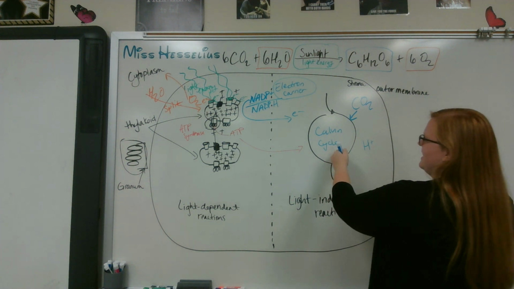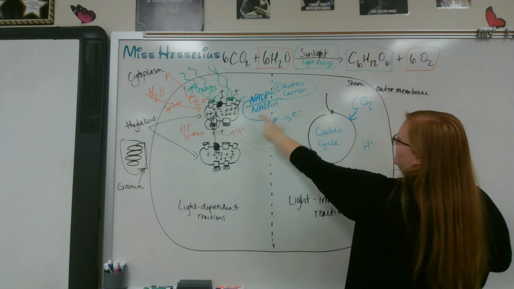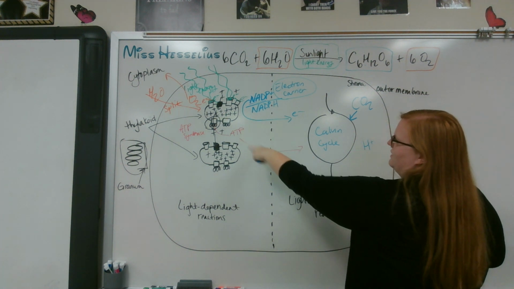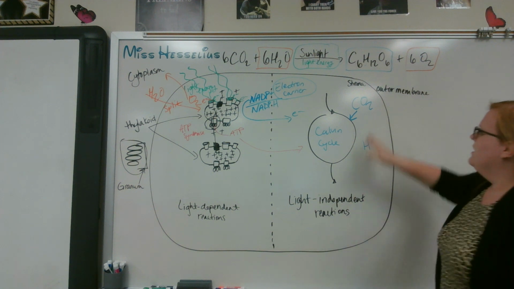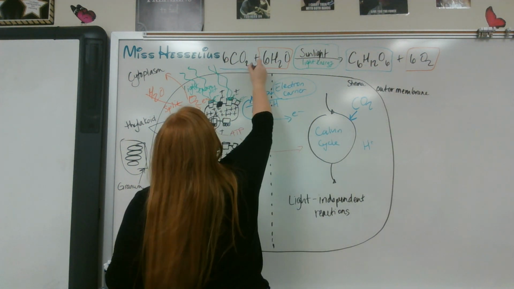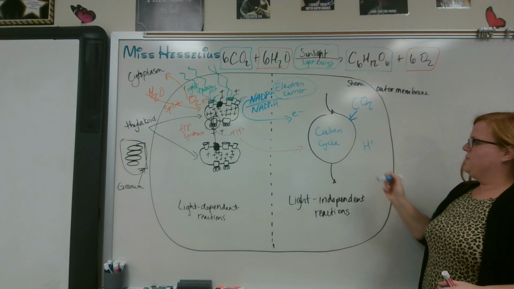So what goes into the Calvin cycle is electrons carried by NADP and ATP produced by the thylakoids, that process over there. Carbon dioxide, which comes from the atmosphere. And hydrogen protons.